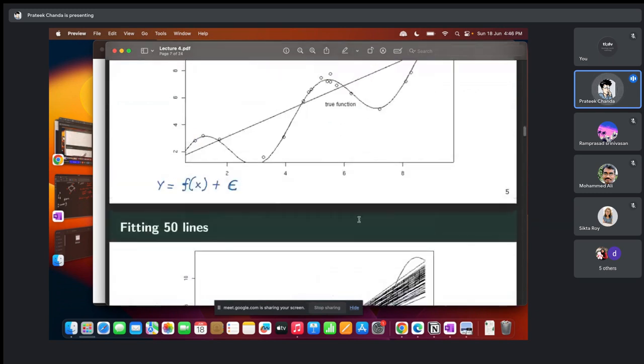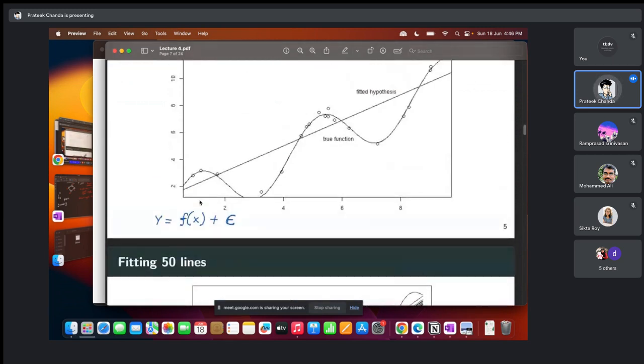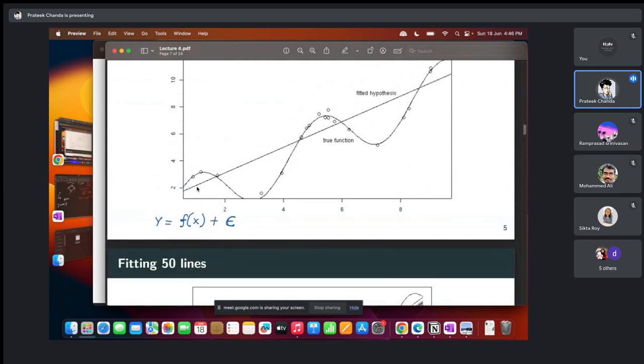I made a slight notation slip here. f(x) is my true function, the curved line, and I add noise to it, which gives me the fitted hypothesis, because the true function and the hypothesis do not coincide.